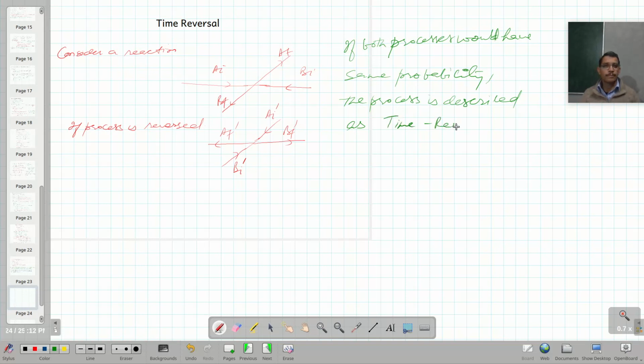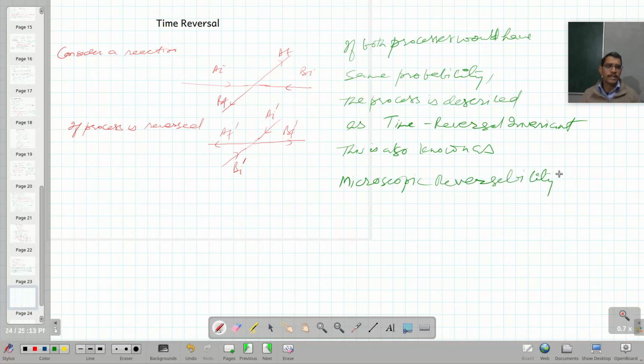Time reversal invariant, and this is also known as microscopic reversibility, right?